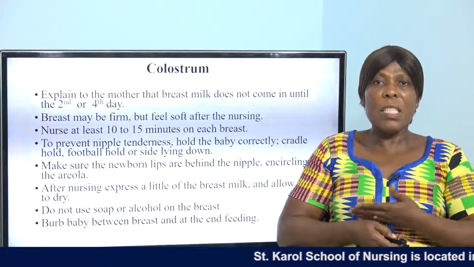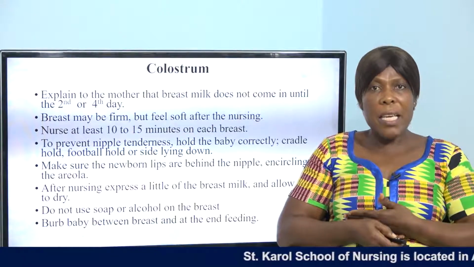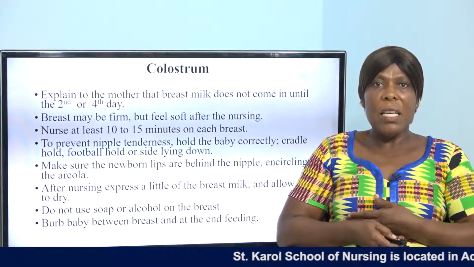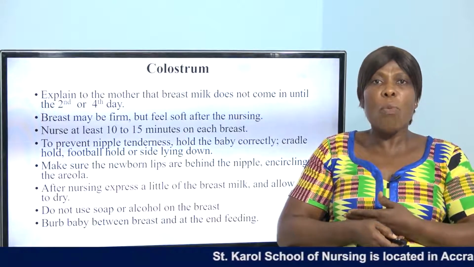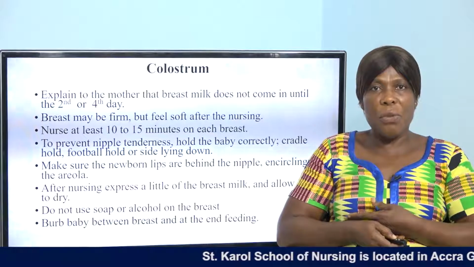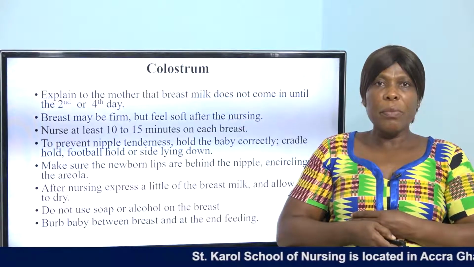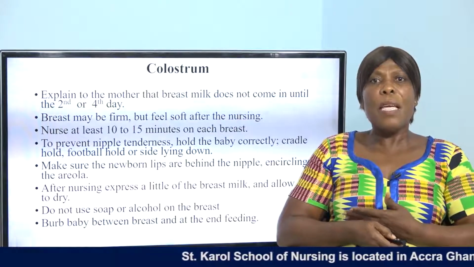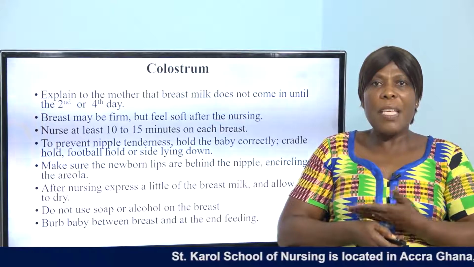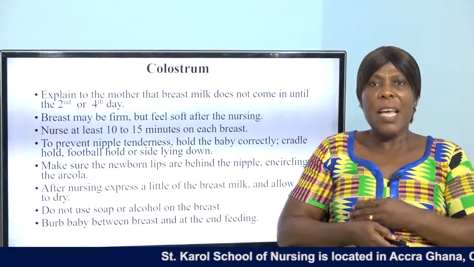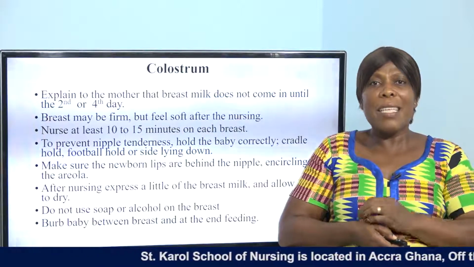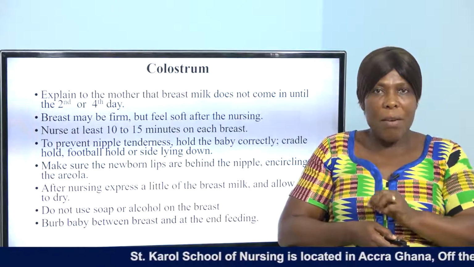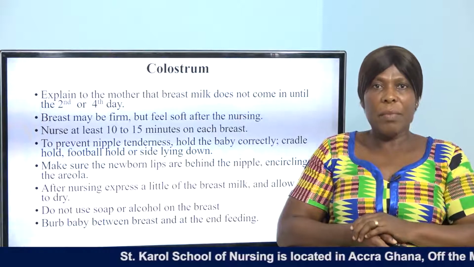These positions used in breastfeeding come in various ways, and you need to adapt the one that best suits you. Make sure the baby's lips are behind the nipple and circling the areola. The areola is the darkened part around the breast.